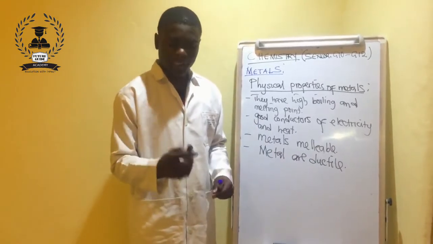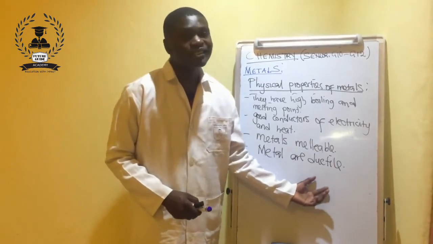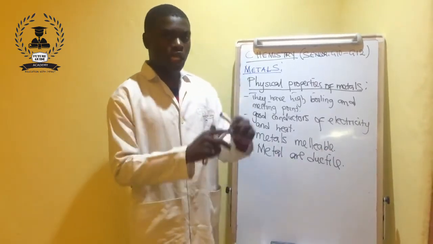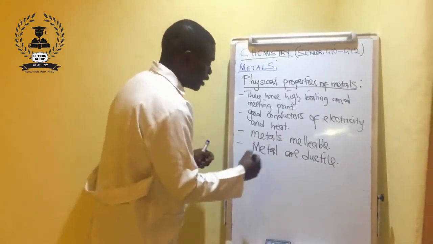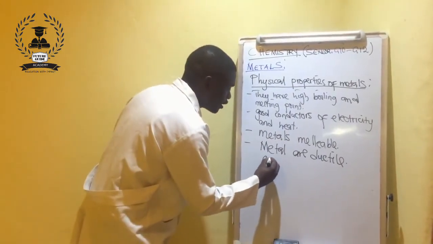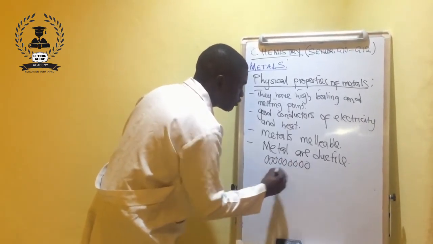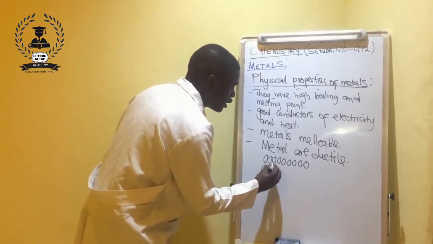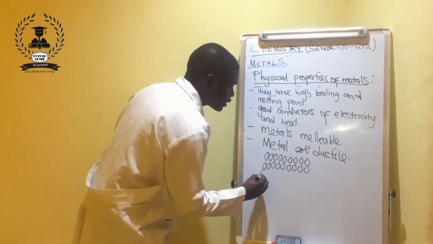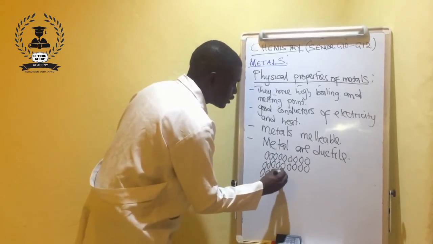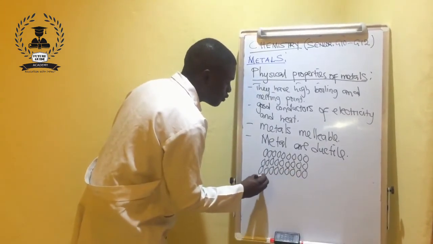The arrangement of particles in a metal. Particles in a metal, they are arranged in rows, meaning how are those particles? Particles are arranged in what? Rows. If this is a metal, this is how particles are arranged. And we know to say most of these are solids. As a result, their particles do not move.